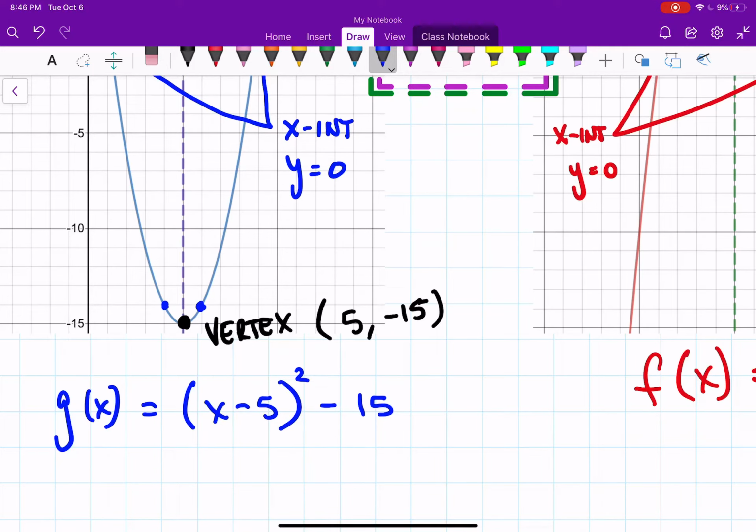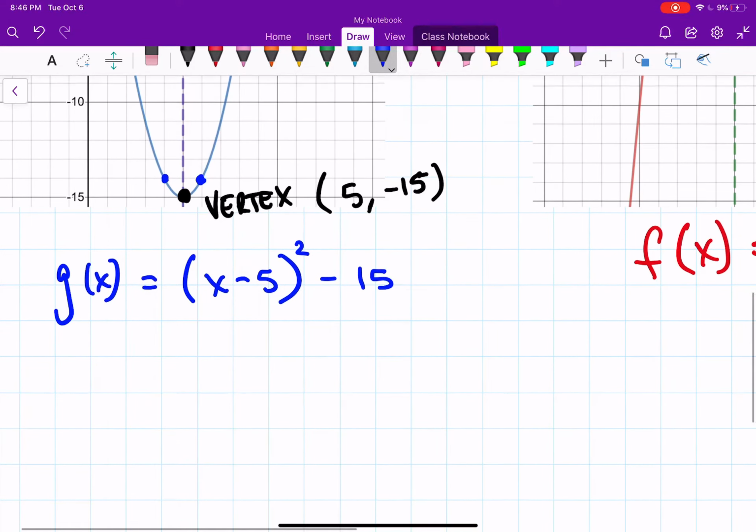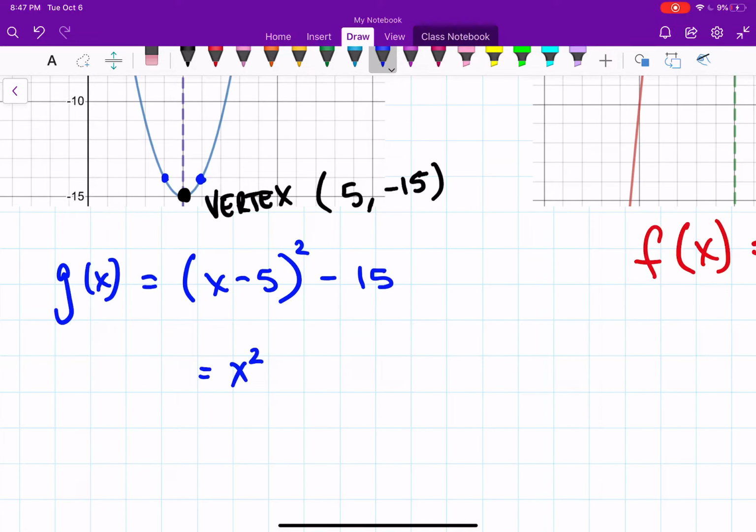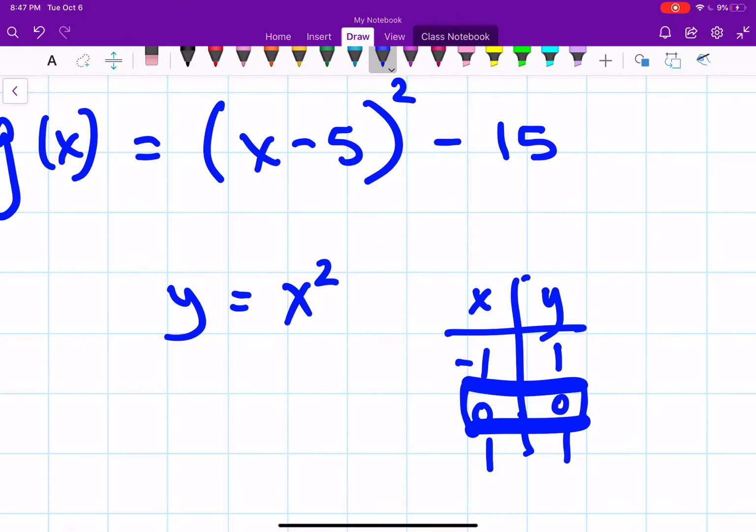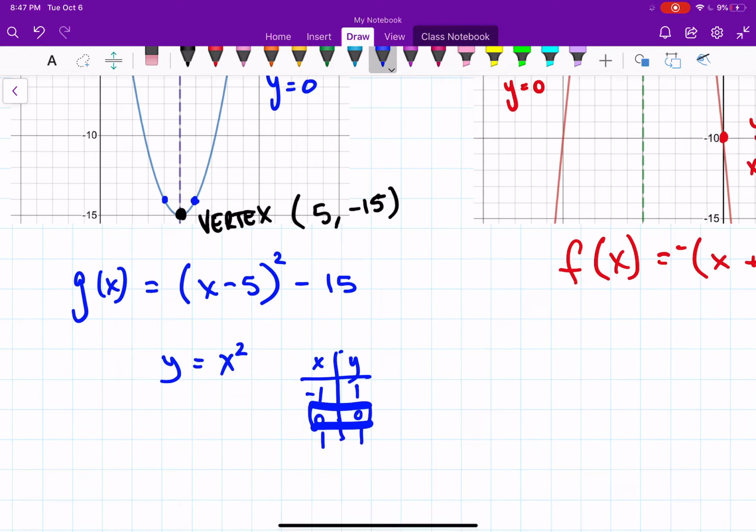Because if you think about the parent function, y equals x squared, if I do -1, 0, and 1, and I square the x value, it'd be 1, 0, 1. So I have the points 1, 1 and -1, 1. So if the vertex was at 0, 0, just based on the points, that would be the case, right? And that's the reason why I knew it was a 1.